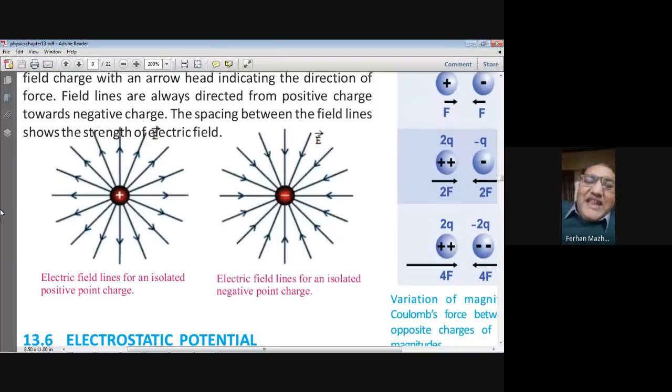To explain this behavior, these imaginary lines are very useful. So have a look at them and don't forget them. From the positive charge, they always come out, and in the negative charge, they always go in.